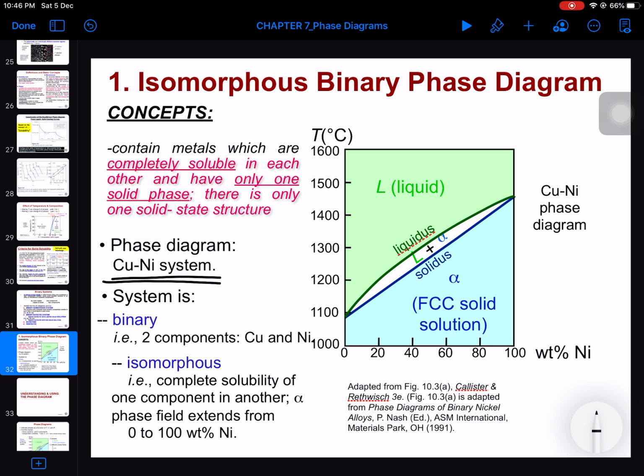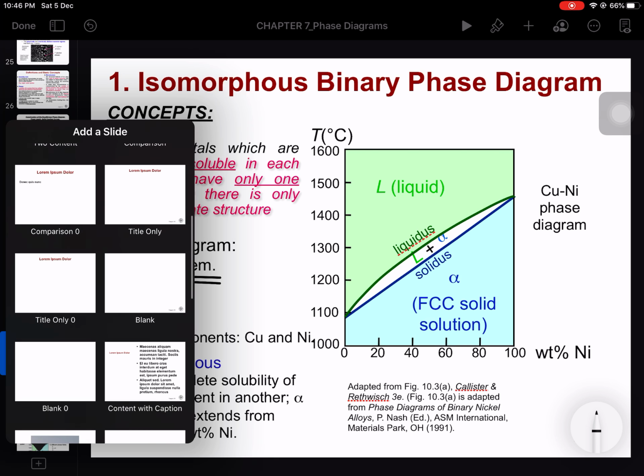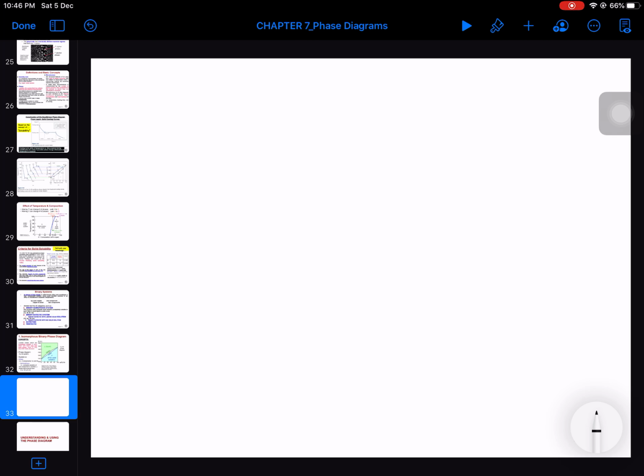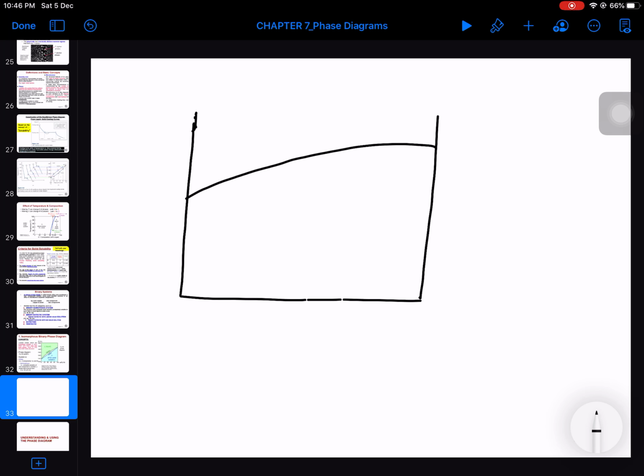If we look at the diagram here, let me draw for you one more time roughly how the phase diagram looks like. On this side is the temperature and this is the composition in weight percentage.